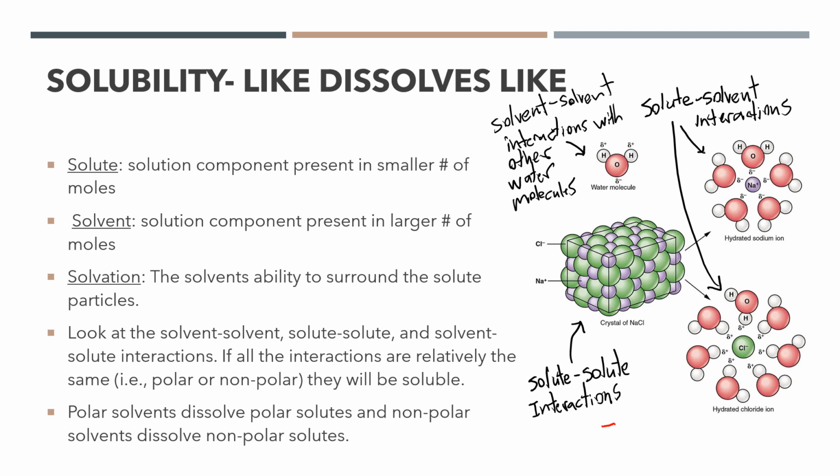There is the solvent interaction, so this is what the water is doing before it sees any solute. It's just bonding with itself, doing hydrogen bonds. Then you get solute-solvent, which happens between your solute and your solvent. And that would be, if you remember, a little review, think about that for a second, ion-dipole because you've got an ion and a dipole. And then again, ion-dipole down here.